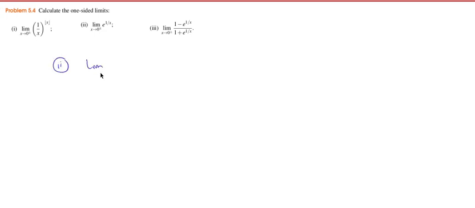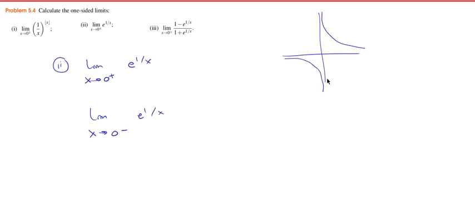Now we have the limit when x goes to 0 from the right of e to the 1 over x, and the limit when x goes to 0 from the left of e to the 1 over x. In order to understand this, we need to know how 1 over x works. We've seen this in the lectures. When you approach 0 from the right, 1 over x goes to infinity.